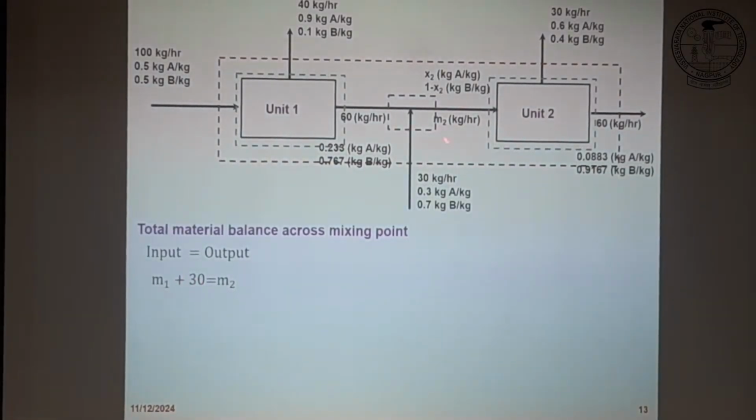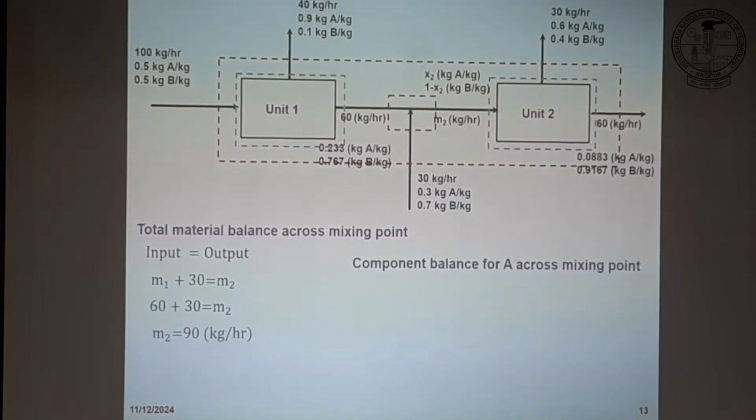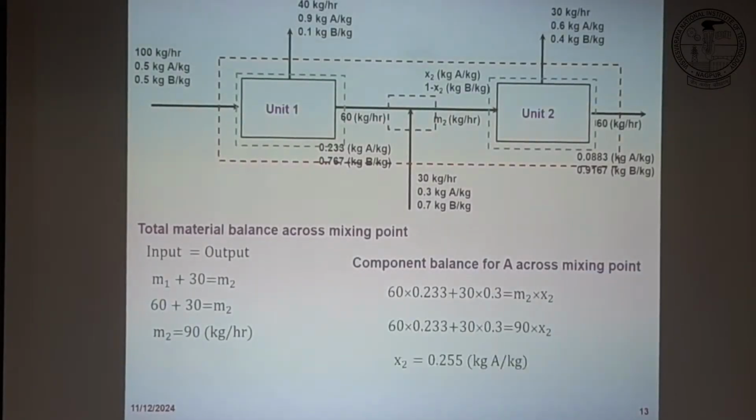So now M2 is not available with us. M1 we know, 60 kg per hour, but M2 is not available. So we can calculate the M2, and similarly we can make a component balance across the mixing point, which is very easy.